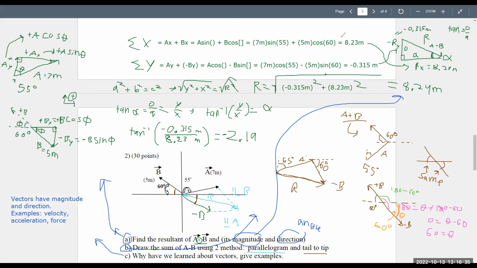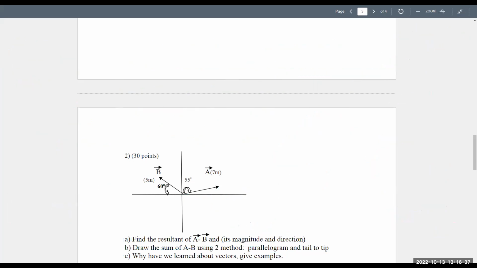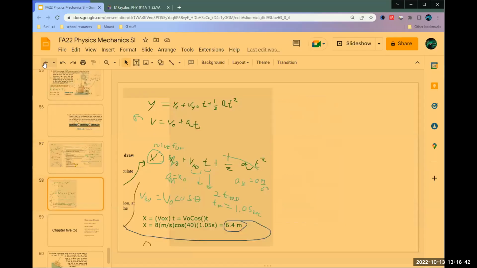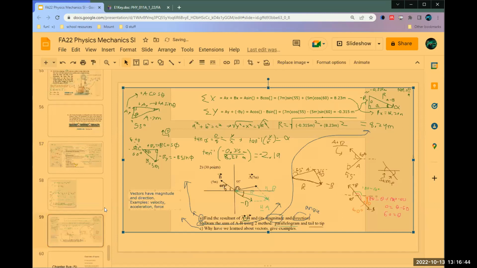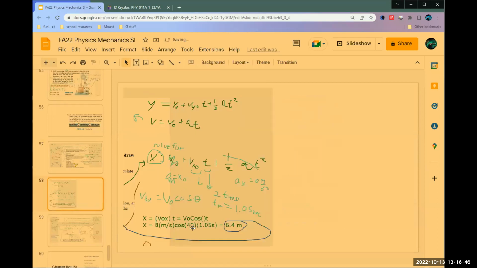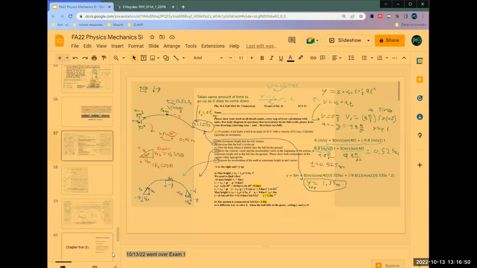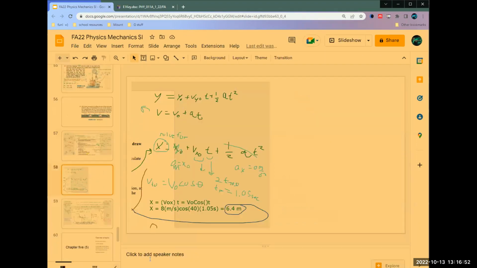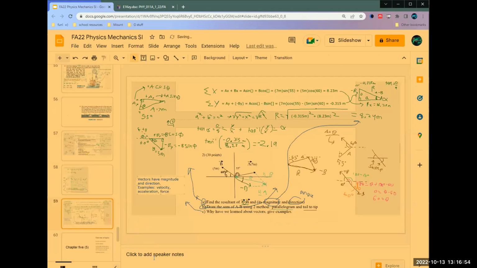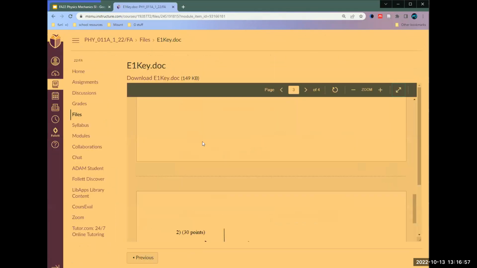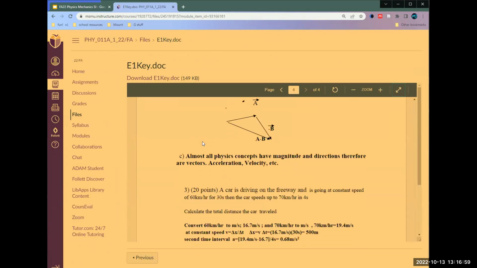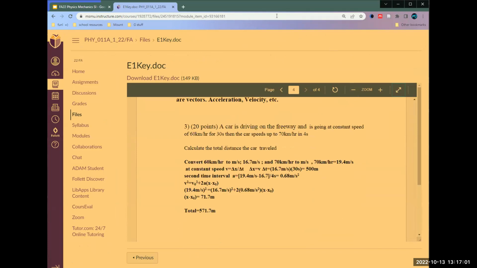I'm gonna go ahead and clear my drawings. And then I believe the last one is this car driving on the freeway.